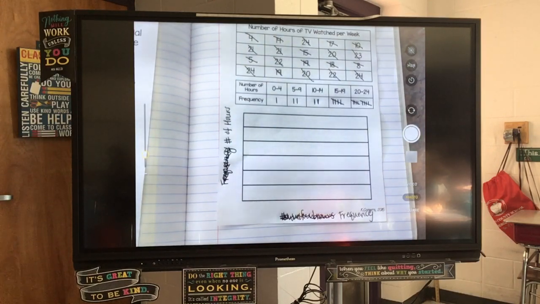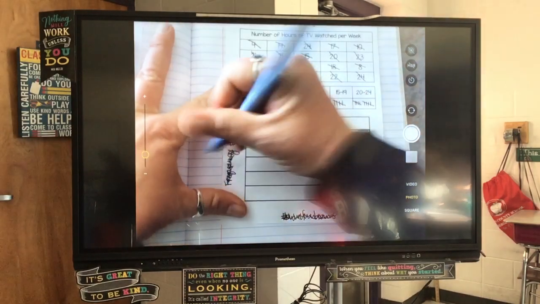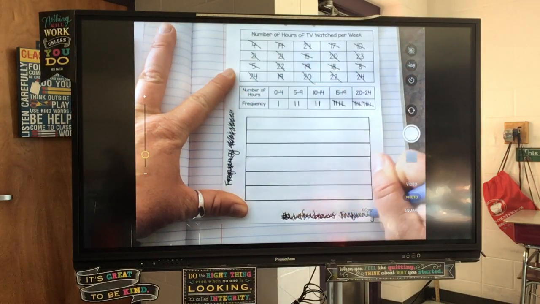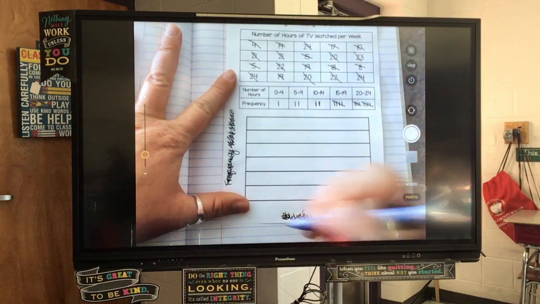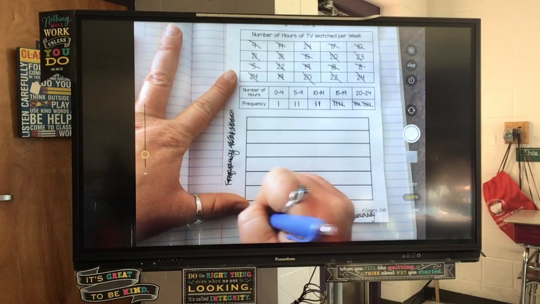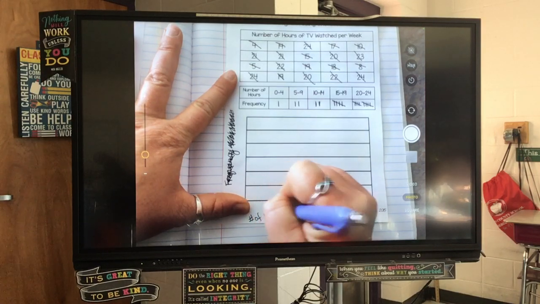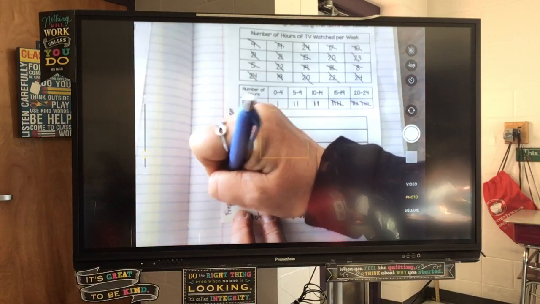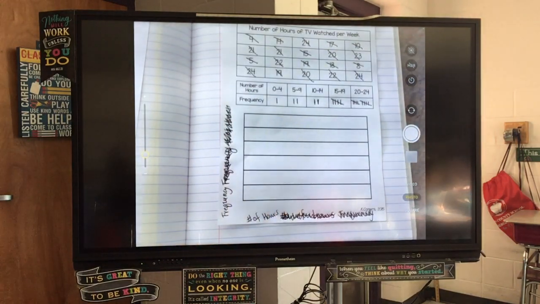I had it right the first time. So essentially, it's number of hours on the bottom, and then it's frequency on the side. I just want to draw squiggles all over my paper, but then, you know.